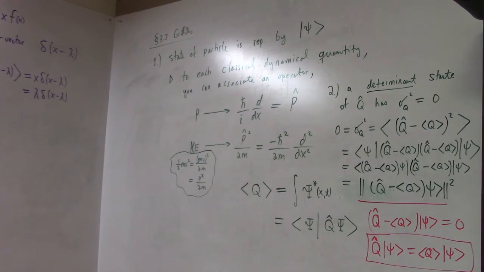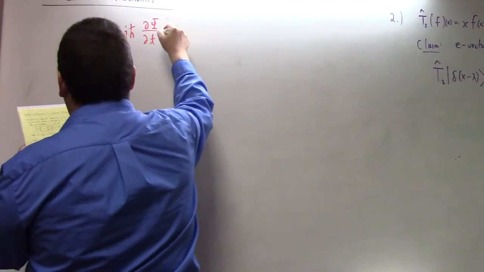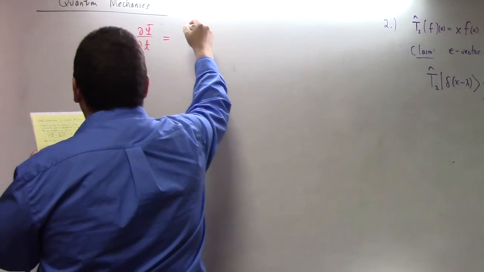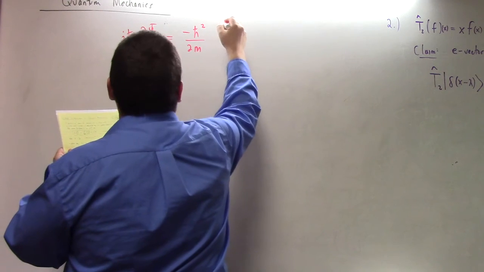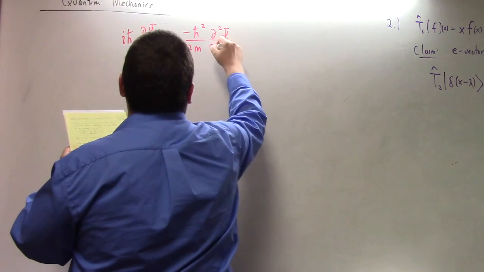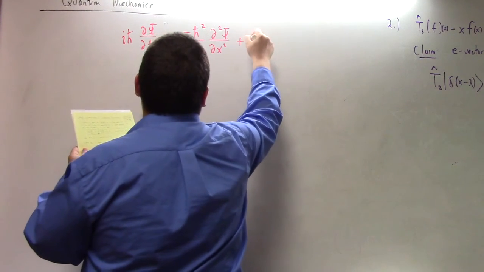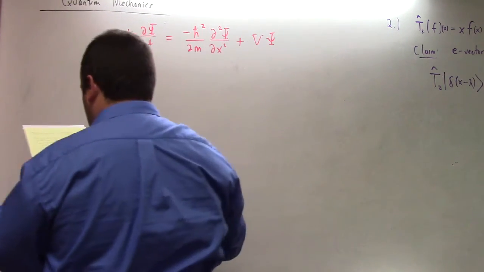Schrodinger's equation says i h bar partial psi partial t is equal to minus h bar squared over 2m partial squared psi partial x squared plus the potential energy for the system times psi.